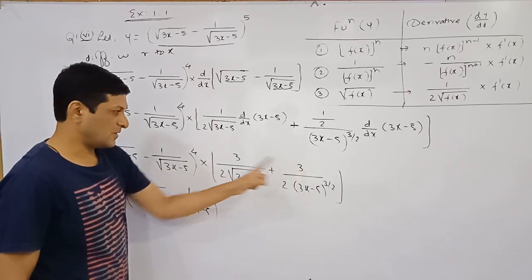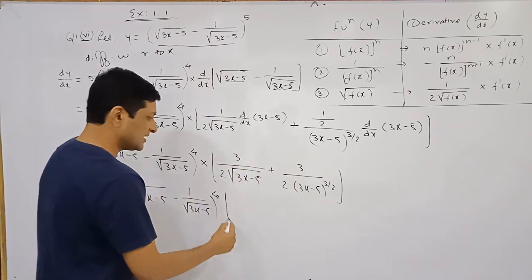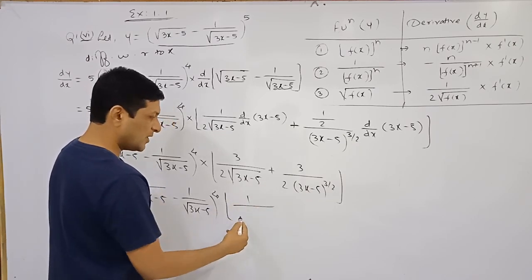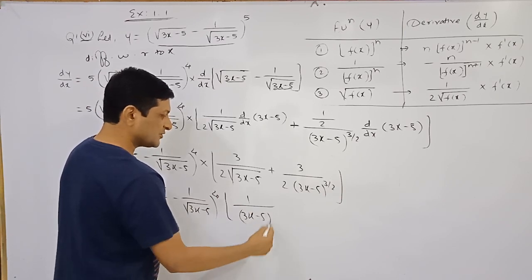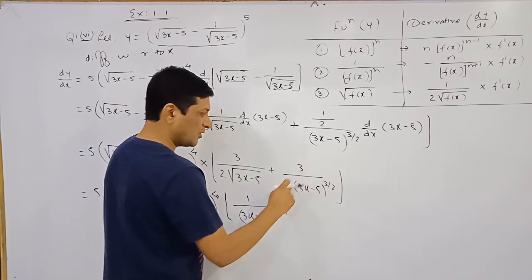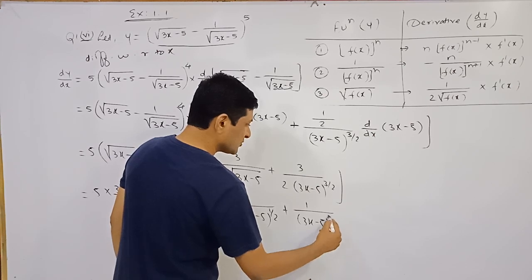Now we have already taken 3 by 2 common from both terms. And the remaining term here will be 1 upon 3x minus 5 raised to power, square root can be replaced by 1 by 2, plus, 3 by 2 already we have taken common, 1 upon 3x minus 5 raised to power 3 by 2.